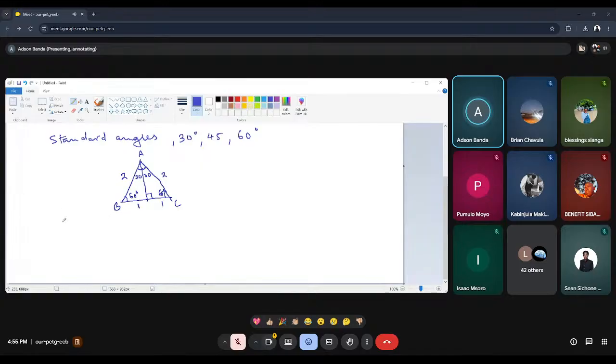Now, we have also looked at what is known as Pythagoras theorem. So by Pythagoras theorem, we have the following. We want to find the side. Let me call this point here P. So we want to find the side AP. We know the length of the other sides.